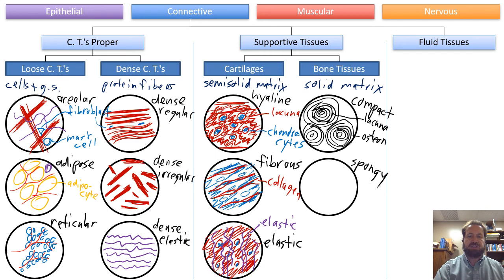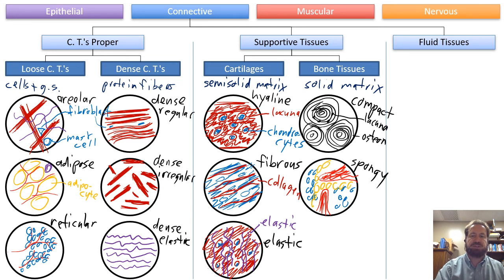Okay. Spongy bone has these little spikes of pink stained tissue that stick out into empty space here, and they're surrounded by lots of blood cells, or rather bone marrow cells, blood-forming bone marrow cells, and they're also surrounded by adipocytes, adipose tissue.